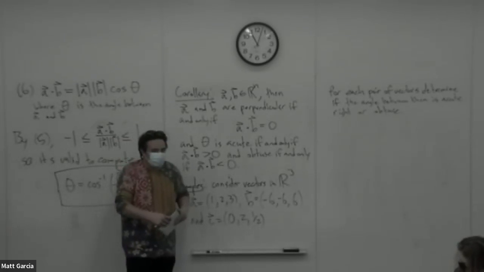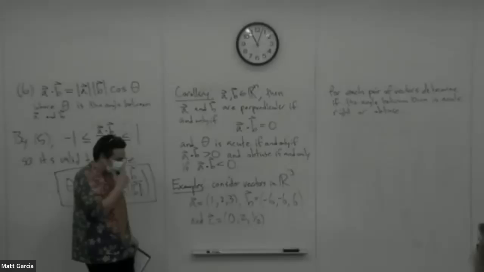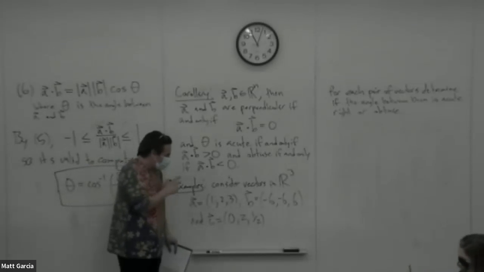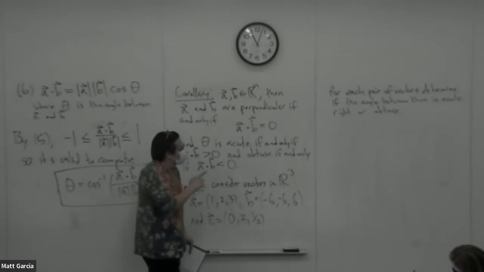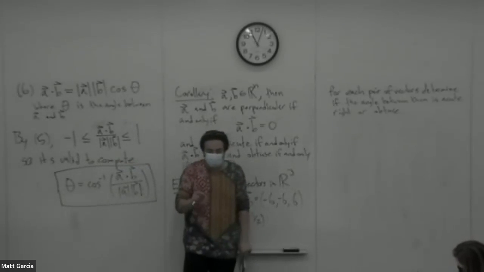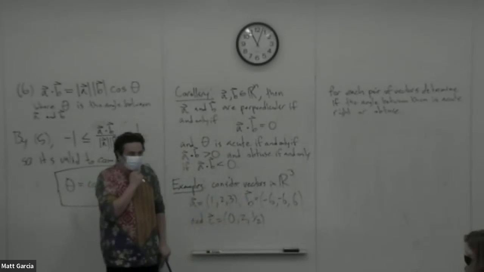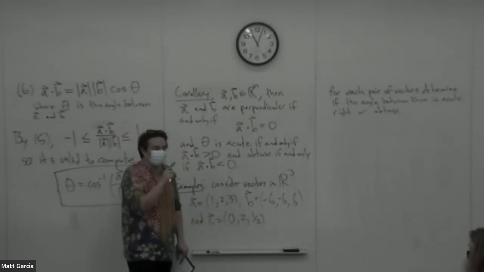Okay, so let's discuss. First and foremost, we're asked to determine the type of angle for each pair of vectors. How many computations am I going to have to make here?